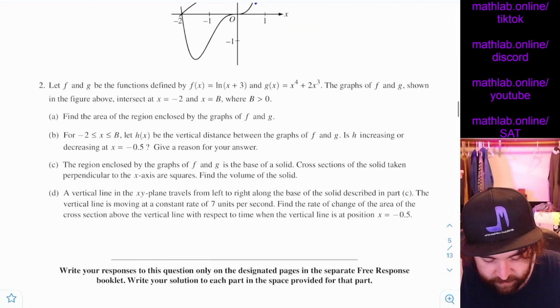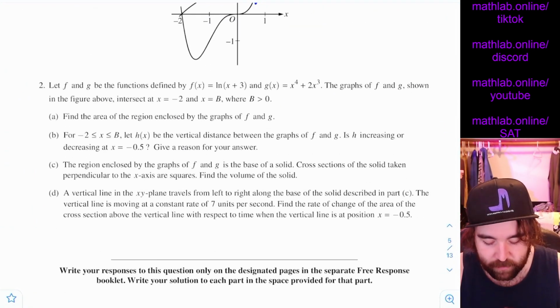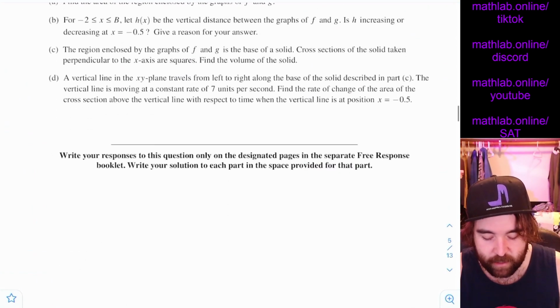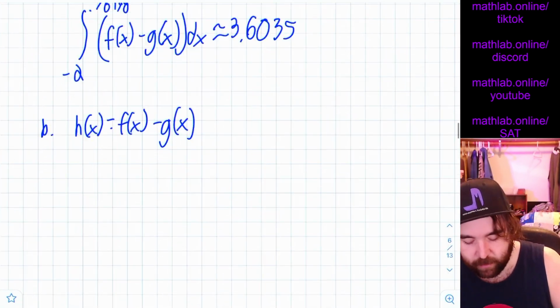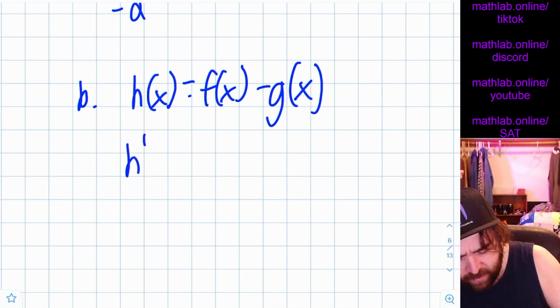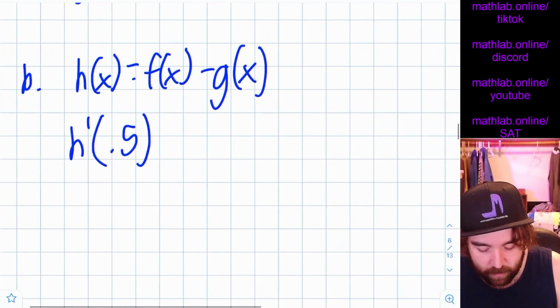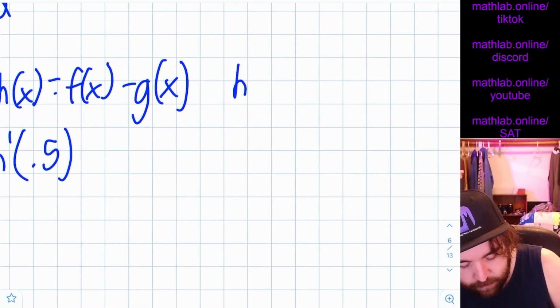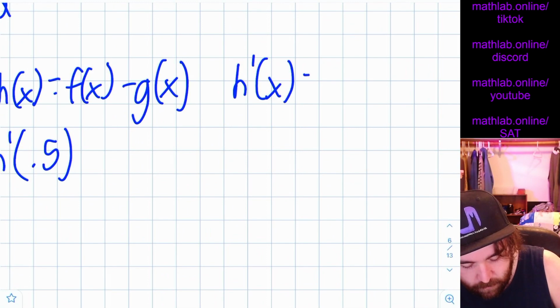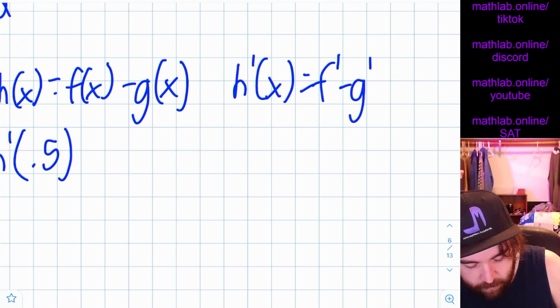And we want to find, is h of x increasing or decreasing at x is -0.5. So, just like on the last one, actually, we want to say, is h prime of 0.5 greater than or less than 0? So what is h prime? h prime is just f prime minus g prime.